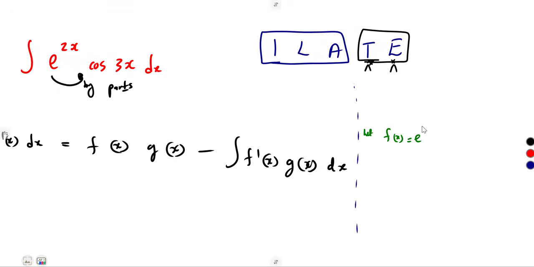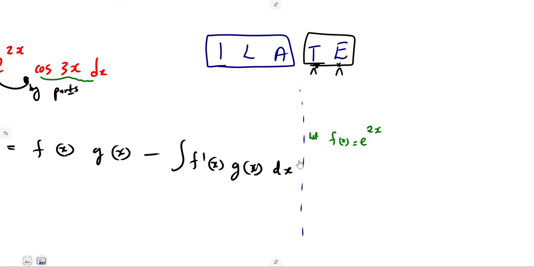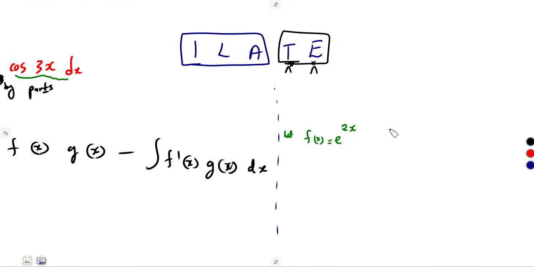Meaning to say the remaining part, because we have removed f of x from our formula, is g prime x dx. So therefore, we're going to have our g prime x dx as cos of 3x with respect to x. So that's it.